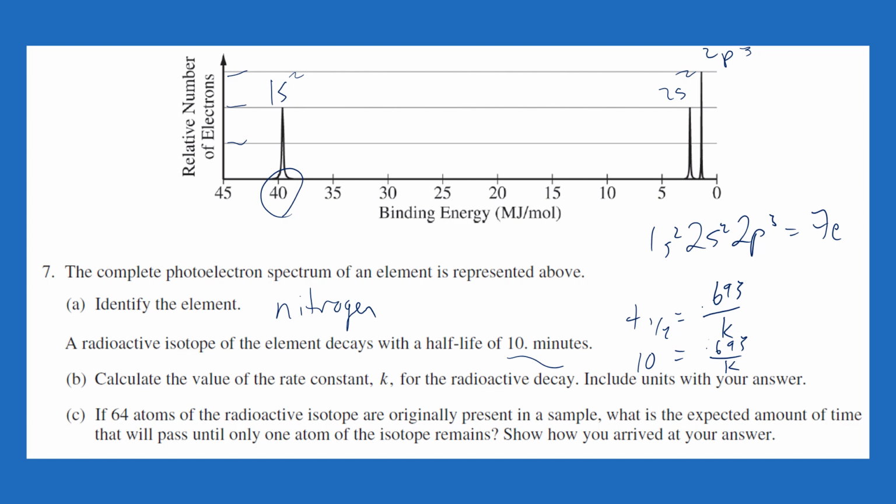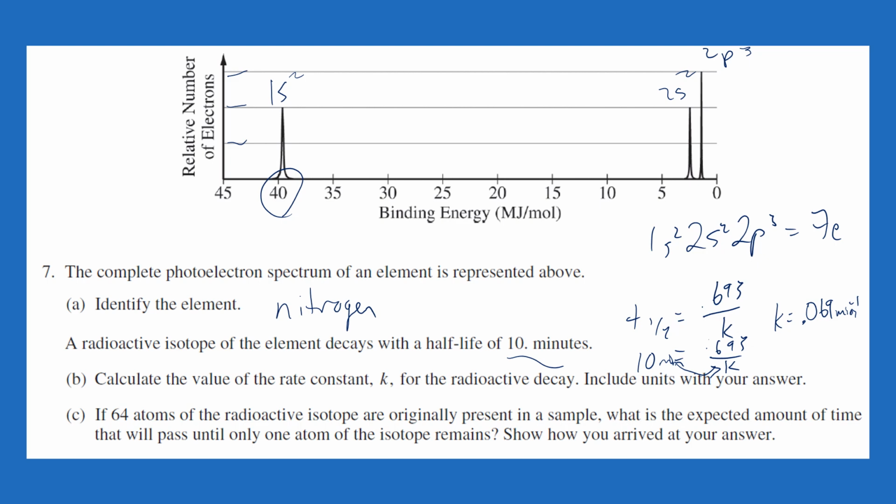If you solve for k, you get 0.069 as my value for k. And then the unit, because we're moving the minutes to the bottom, will be inverse minutes, minutes to the negative 1. You could change that to seconds and your answer would be inverse seconds, but you don't need to do that.